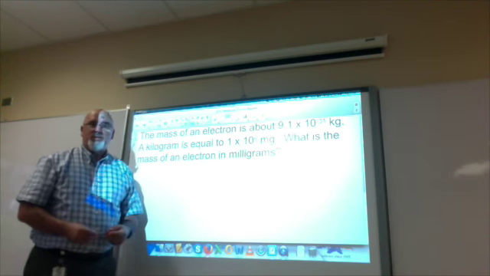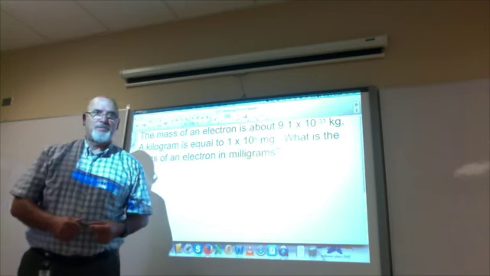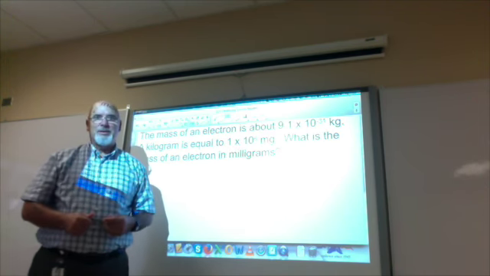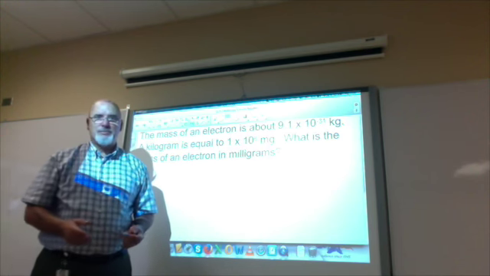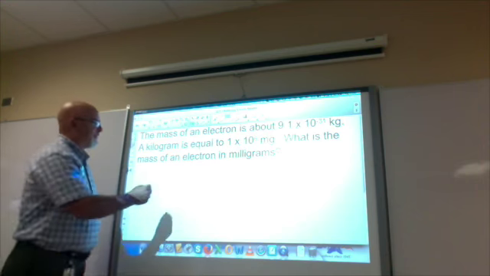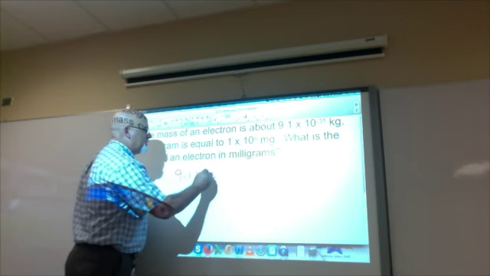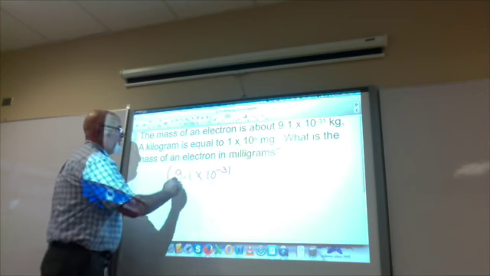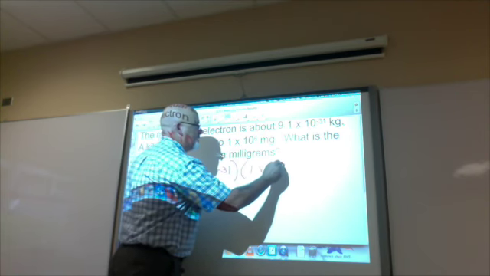The mass of an electron is about 9.1 times 10 to the negative 31st kilograms. A kilogram is equal to 1 times 10 to the 6 milligrams. What is the mass of an electron in milligrams? So we've got 9.1 times 10 to the negative 31st times 1 times 10 to the 6th.